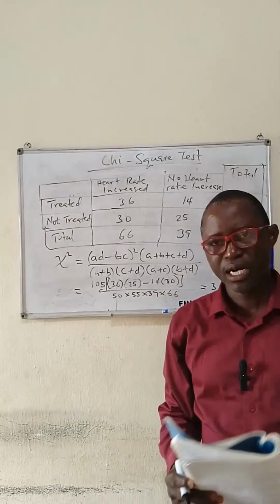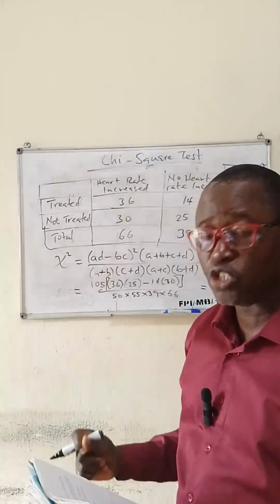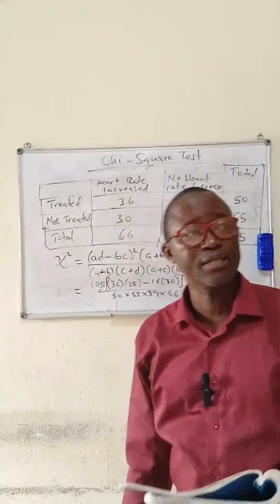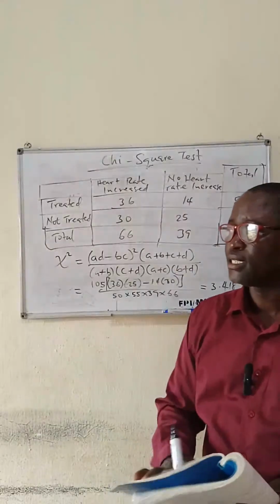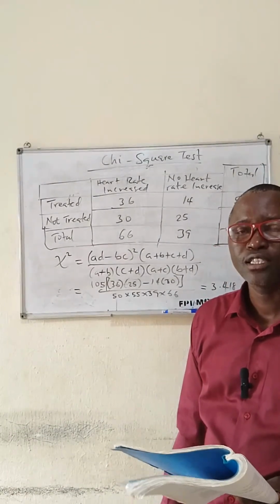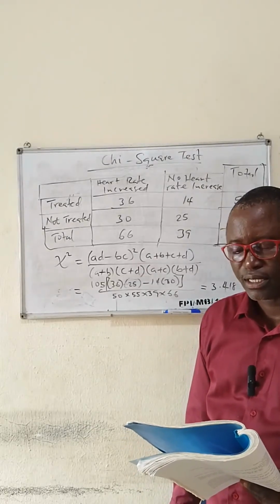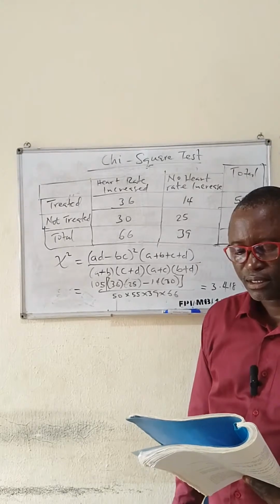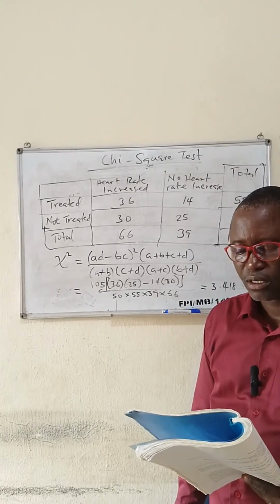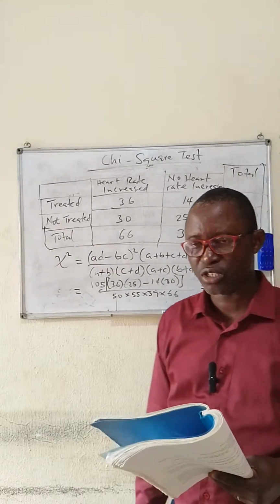Now, remember, before starting the solution, you need to make a hypothesis. The hypothesis stated in this example is: H0, the null hypothesis, the proportion of animals whose heart rate increases is not dependent on drug treatment, that is, independent of drug treatment.